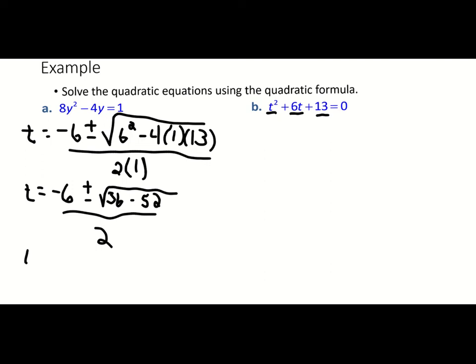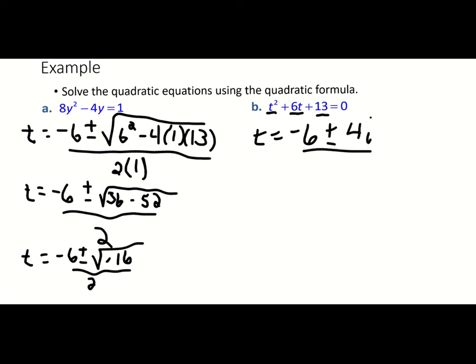So now I have t is equal to negative 6 plus or minus the square root of 36 minus 52, negative 16, all over 2. And I can simplify that negative 16. Remember, we're going to get complex numbers in there, so the square root of negative 16 is going to end up being 4i all over 2.